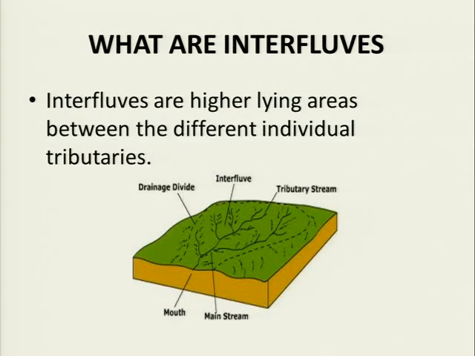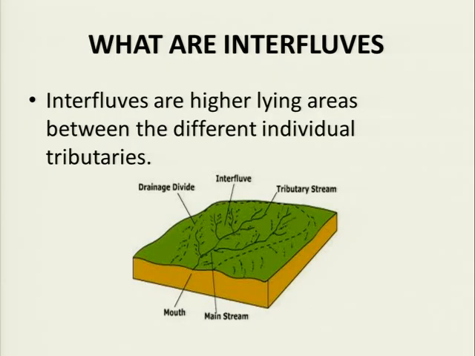Now we come to the interfluves. Remember, that is part of the drainage basin. Interfluves are the higher lying areas between the different individual tributaries. Do not mix up the interfluve with the mainstream.